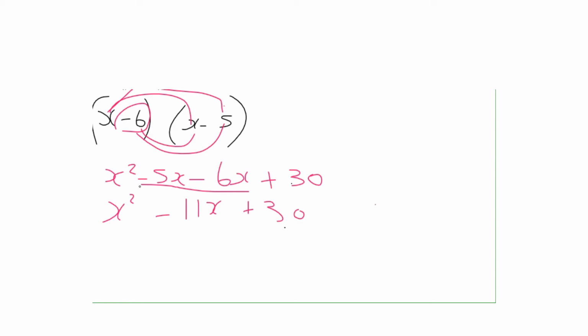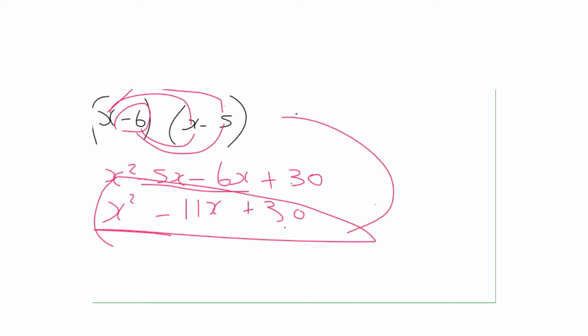Negative 11x, it's like you owe somebody 5 apples, and you go back and take 6 more, so that you owe 11 in all. That's x squared minus 11x plus 30. You can work this part and prove this. So when you work this part out, you're supposed to get back this.